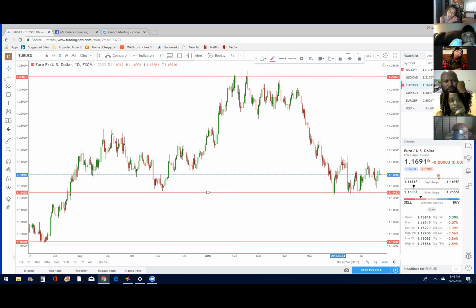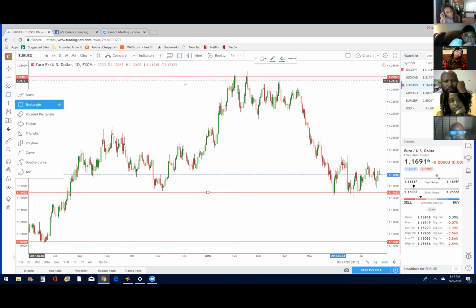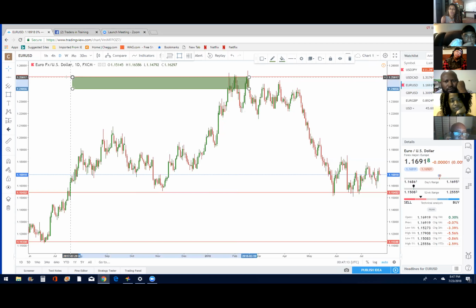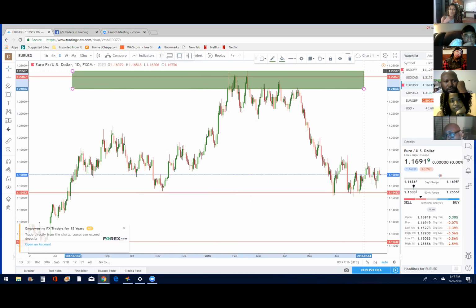Right here. Now, what defines our zone when we've got an engulfing candle? What defines the zone?